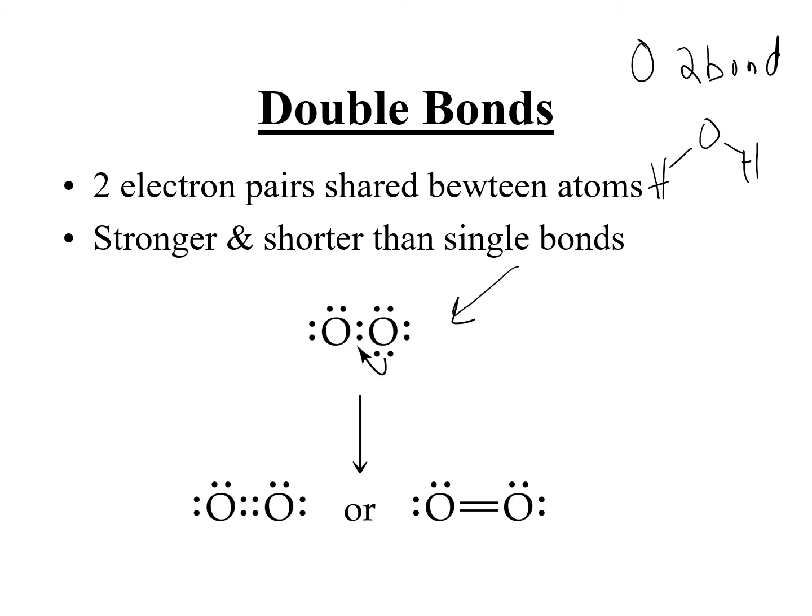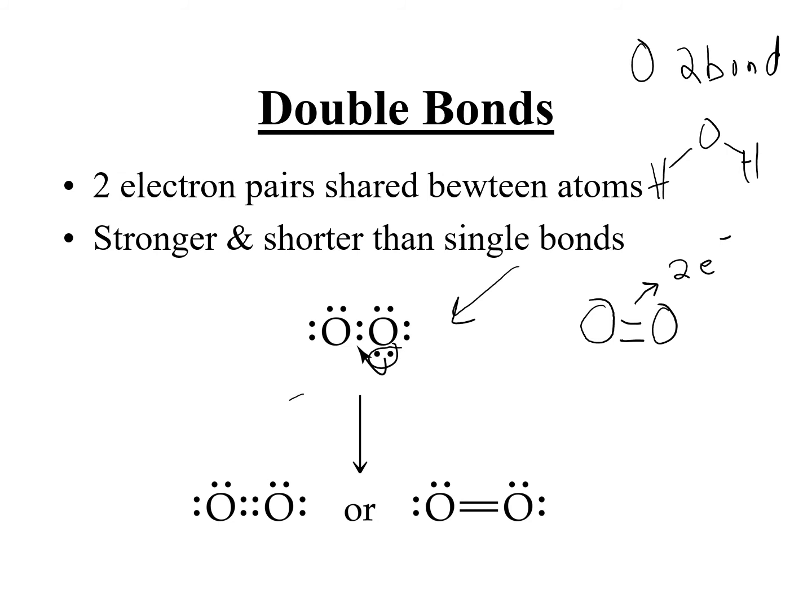So a double bond is where we share 2 pairs. So remember again, if I had oxygen bonded to an oxygen, each line represents 2 electrons. So that's a pair of electrons. I can actually move another pair of electrons here to the center and create what I call a double bond.